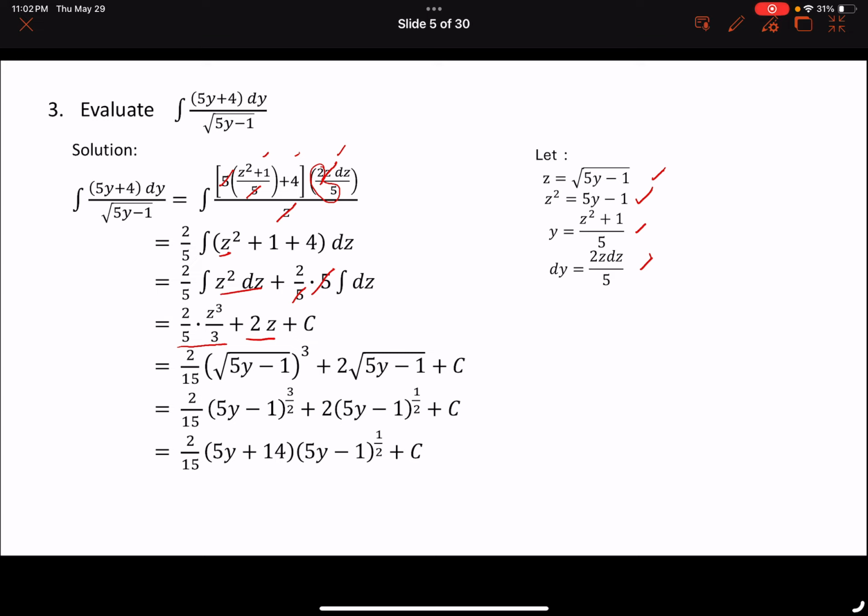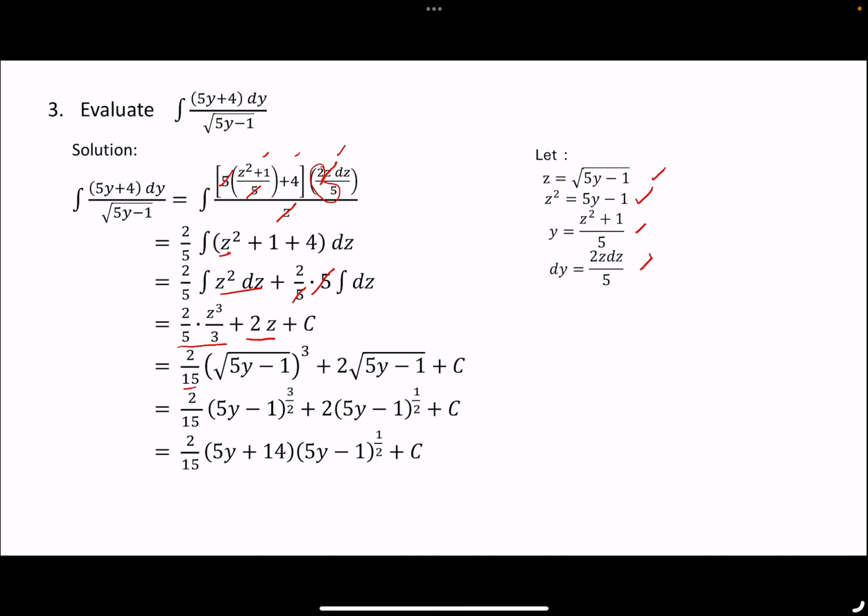So, we can simplify this as 2 over 15 z cubed plus 2z plus c. You can factor out z, and then we have z times 2 over 15 z squared plus 2, plus c.